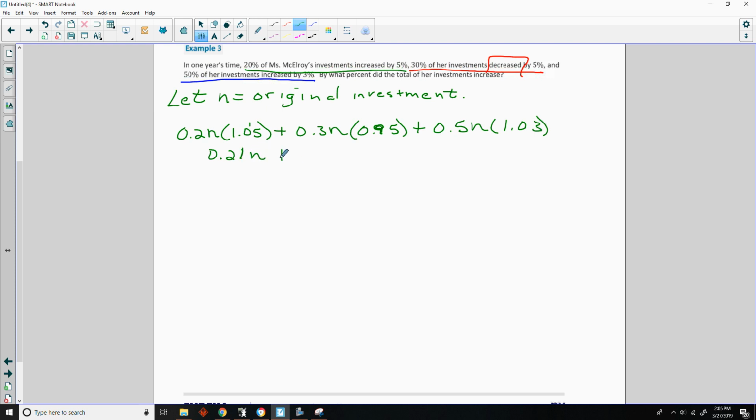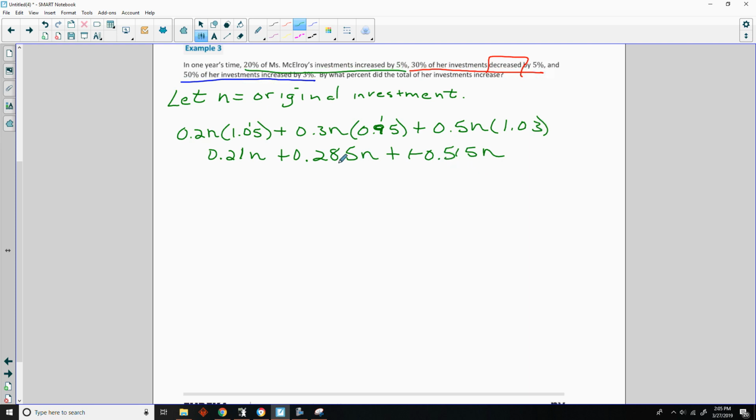So 0.21N plus 3 times 5 is 15. 9 times 3 is 27, plus 1 is 28, and 1, 2, 3 decimal places. So this would be 0.285N plus 5 times 3 is 15, 5 times 1 is 5, 3 decimal places, plus 0.515N.